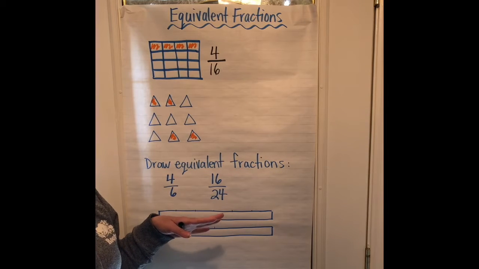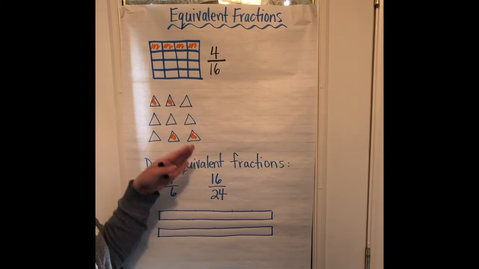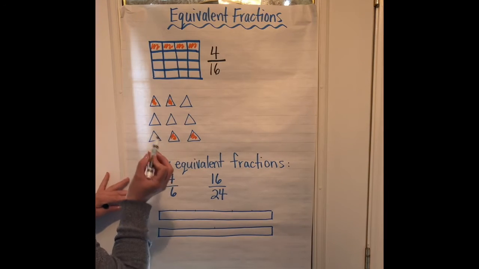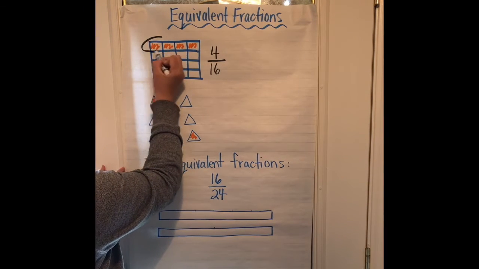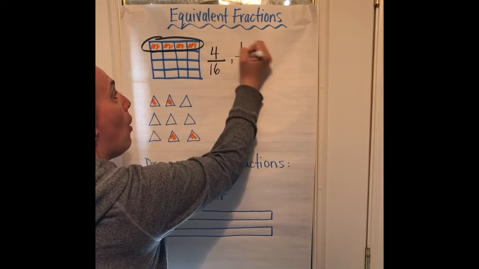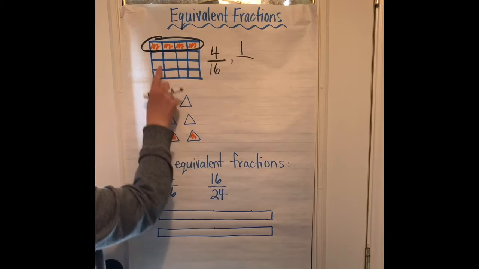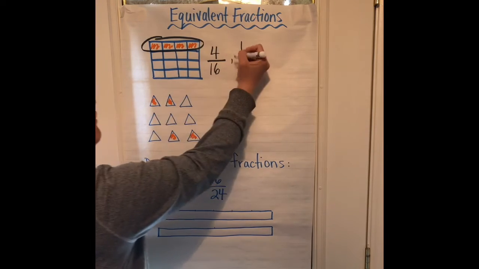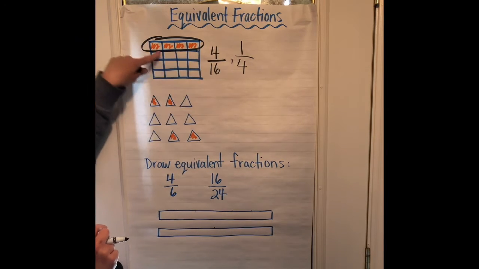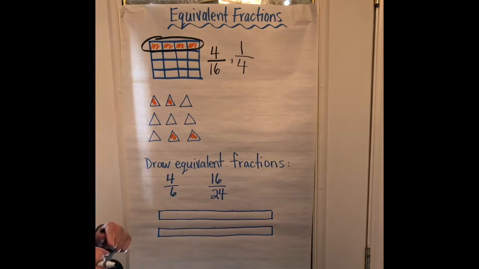So in order to find a fraction that is equivalent to 4/16, we can use a picture or we can use multiplication or division. We're going to start with a picture. So in this case, we have 4/16. You can see that 4/16 is also one whole row out of the 4 rows. So you've got one whole row shaded in and 1, 2, 3 other rows that are not.